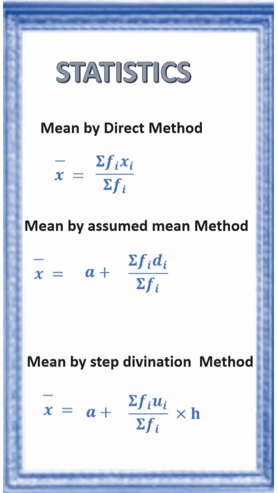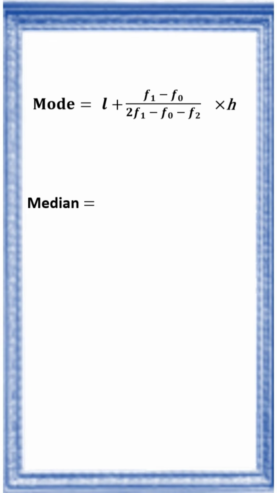Mean by step deviation method: mean is equal to a plus summation of fi ui upon summation of fi, into h. What is mode? Formula for mode is l plus f1 minus f0 upon 2f1 minus f0 minus f2, into h. Formula for median is l plus n by 2 minus cumulative frequency upon frequency, into h.